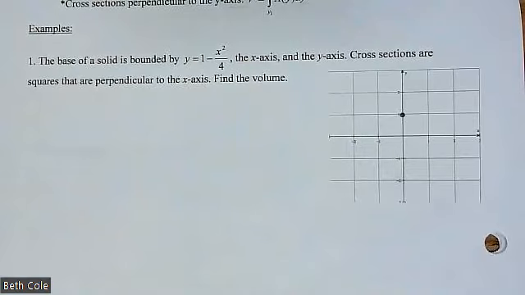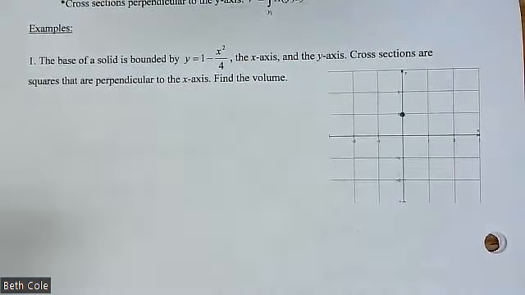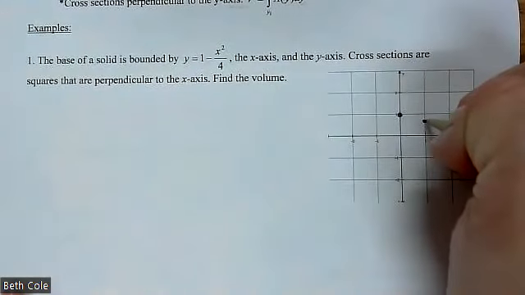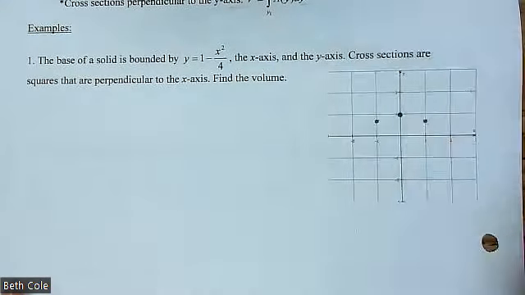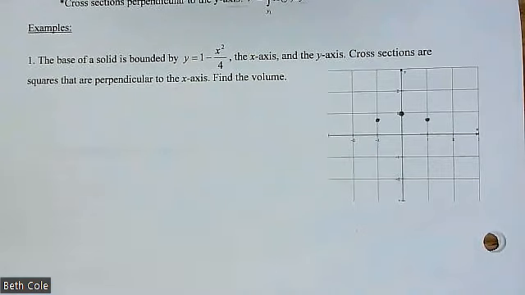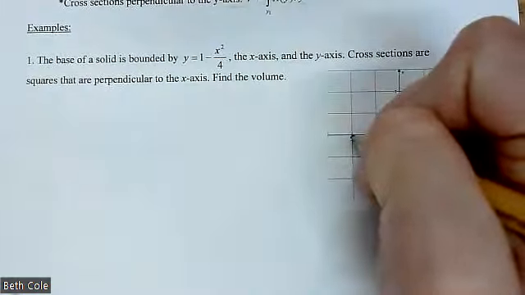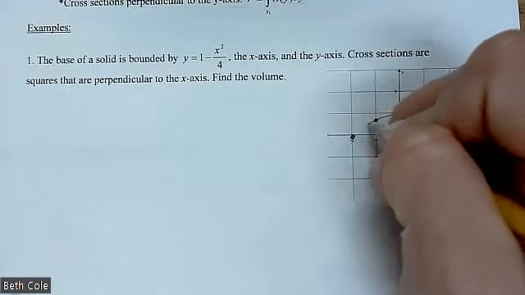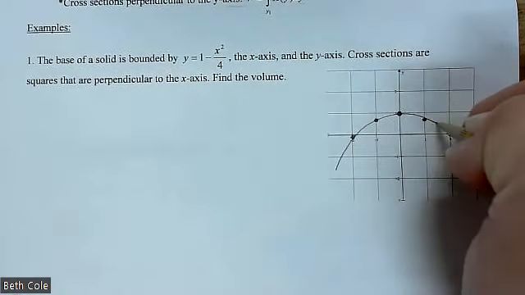If you plug in 1 for x, what do you get? 3/4. And the same point on the other side because it's going to be a parabola. So 3/4, as close as you can get it to that. And if you plug in 2, what are you going to get? 0. Good. So your parabola is going to look kind of like this.